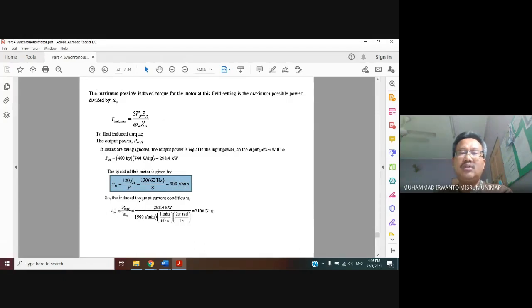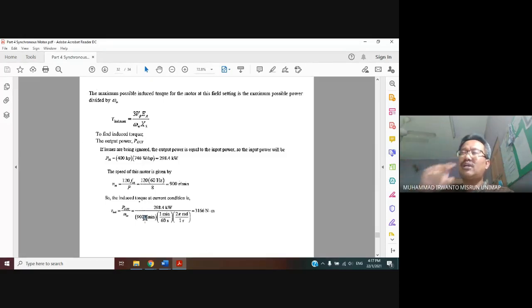So the induced torque can be found. It is equal to the output power, which is equal to the input power, without losses, as before. Now, 900 revolutions per minute, RPM. We know that one revolution, one cycle, is 2 pi radian. 360 degrees is equal to 2 pi radian.